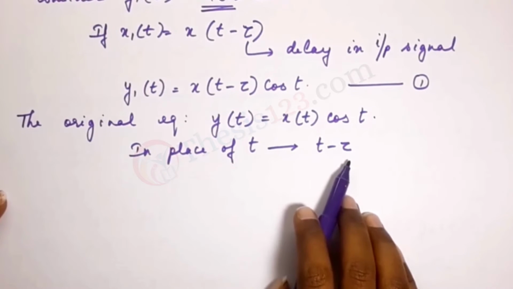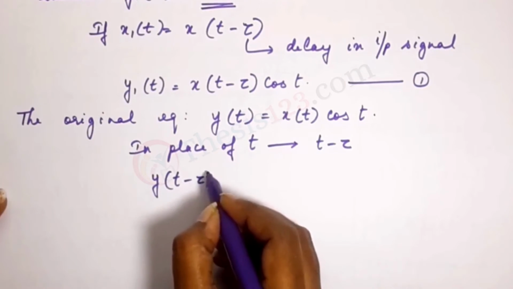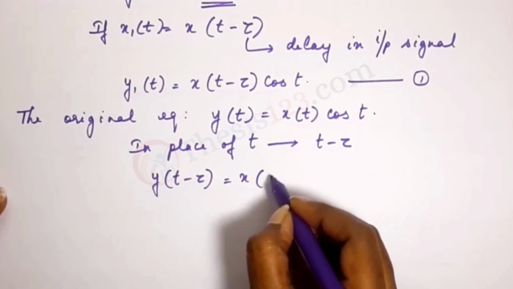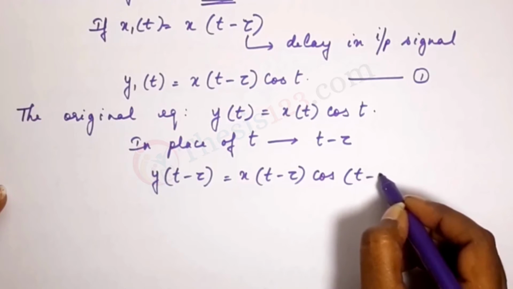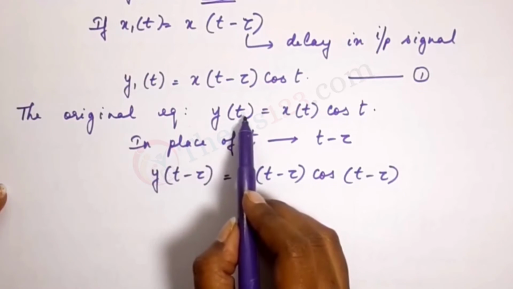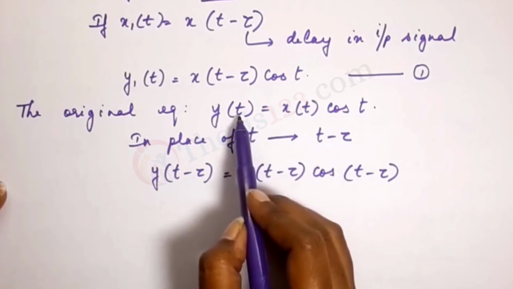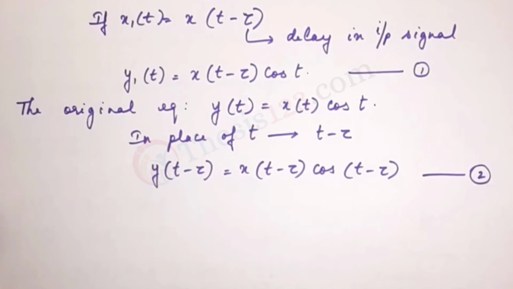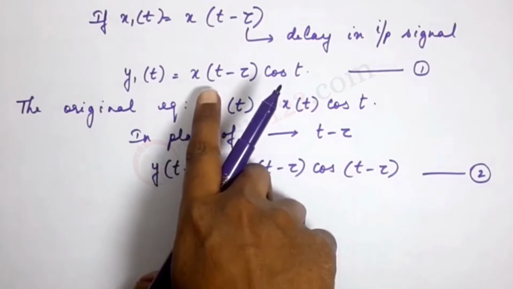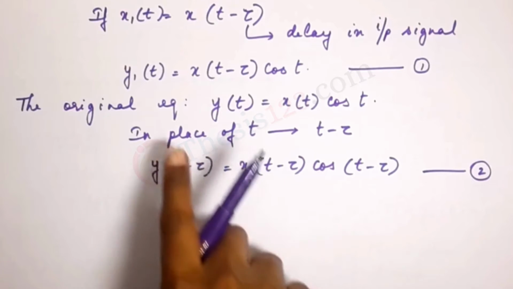So we are applying the delay in the entire equation. So y of t minus tau is equal to x of t minus tau cos of t minus tau. In the original equation, where t is there, we plug in the delay t minus tau, and we get this second equation. Now observe the first equation and the second equation. Are they same? They aren't.